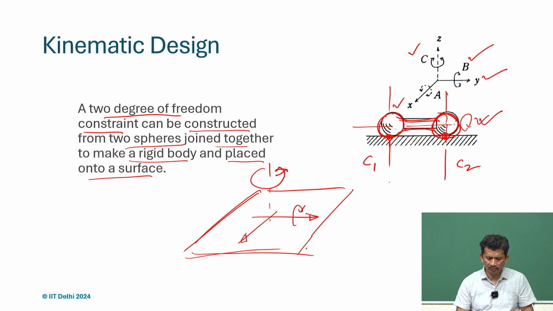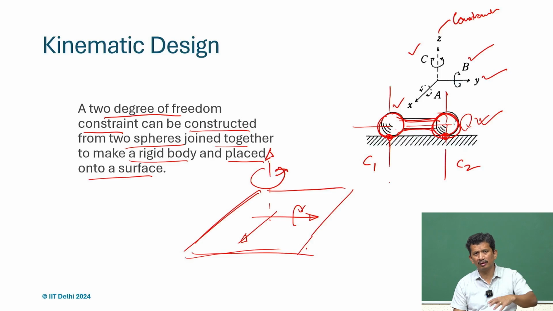What is not possible? What are the constraints here? Yes, both are in z direction, C1 and C2. So, of course, this is the constraint. Z translation is not possible, because only if we allow lifting, and then we do not have any contact anymore.